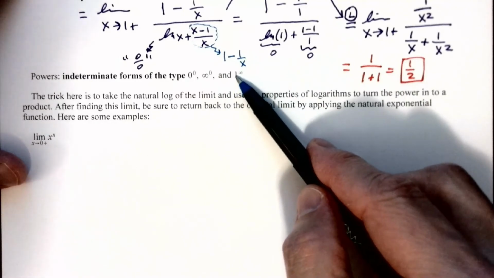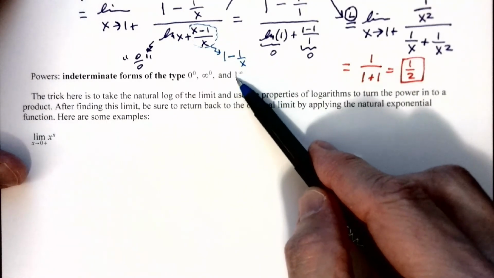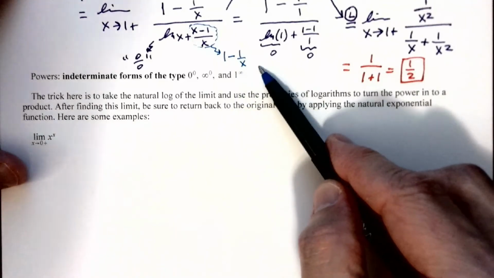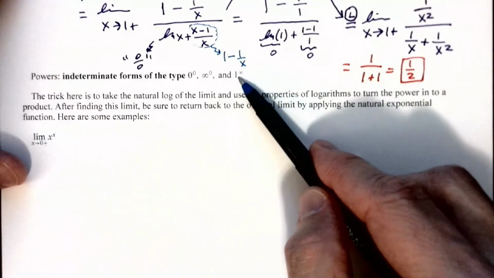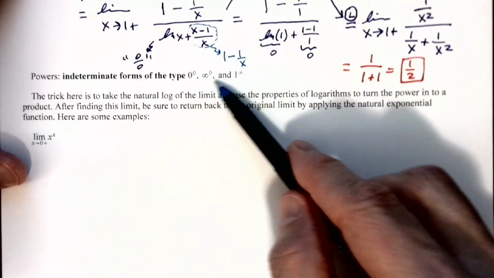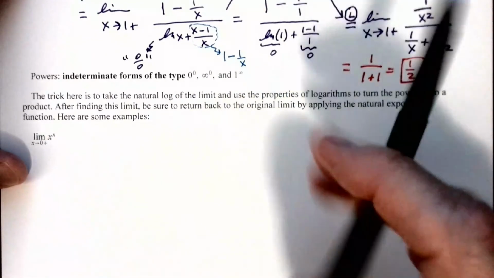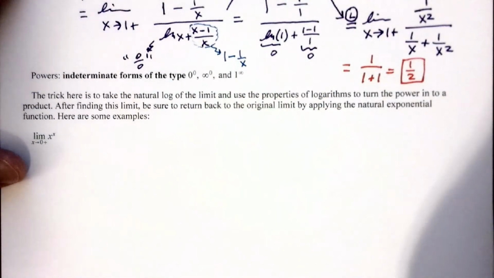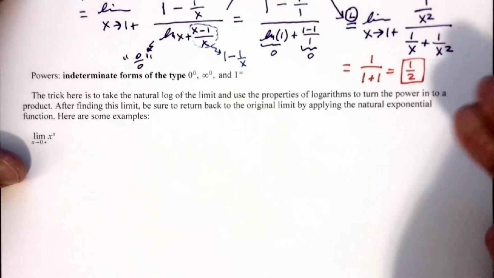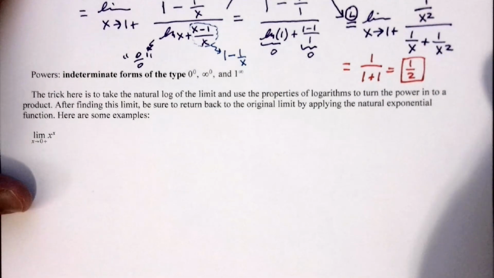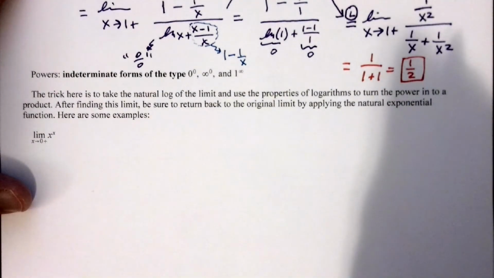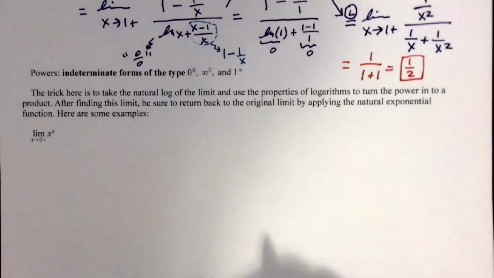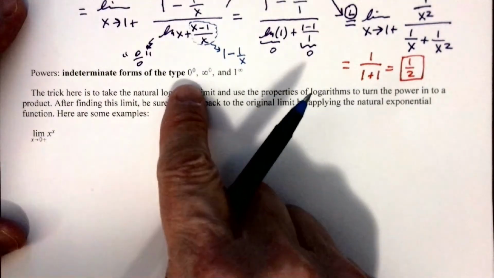If we're approaching 1 from below, some number less than 1 to the infinity power is going to 0, but then we have the battle between 0 and 1. So these are all indeterminate forms. Now, determinate forms would be like infinity to the infinity power, or 1 to the 0 power, etc. Those would be determinate.